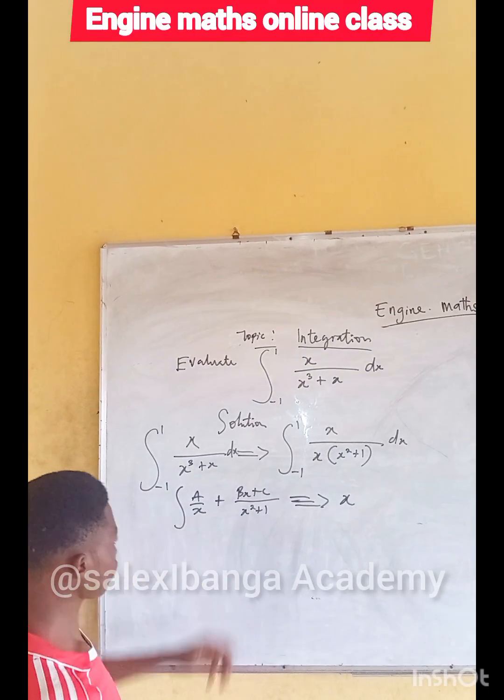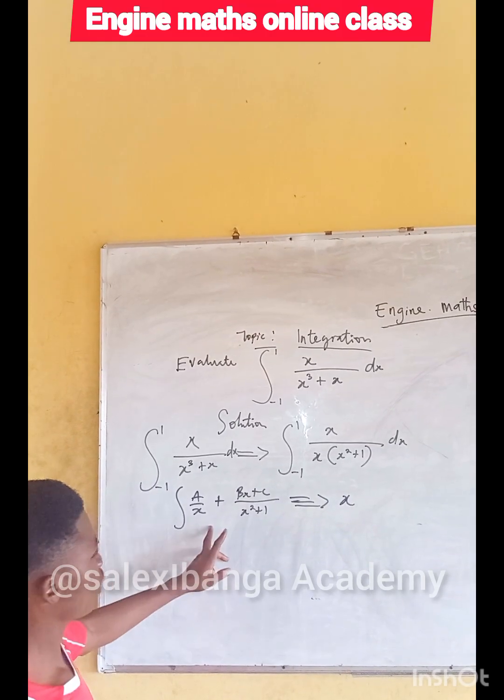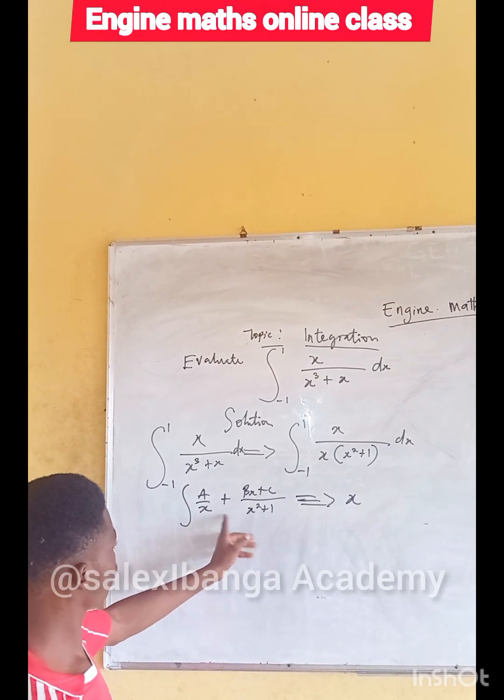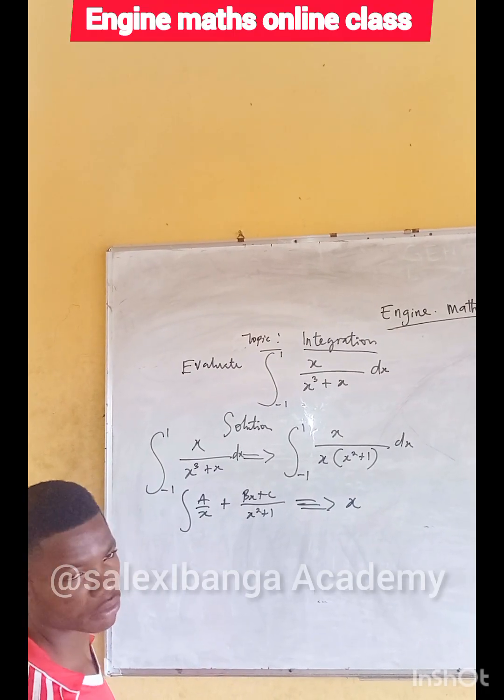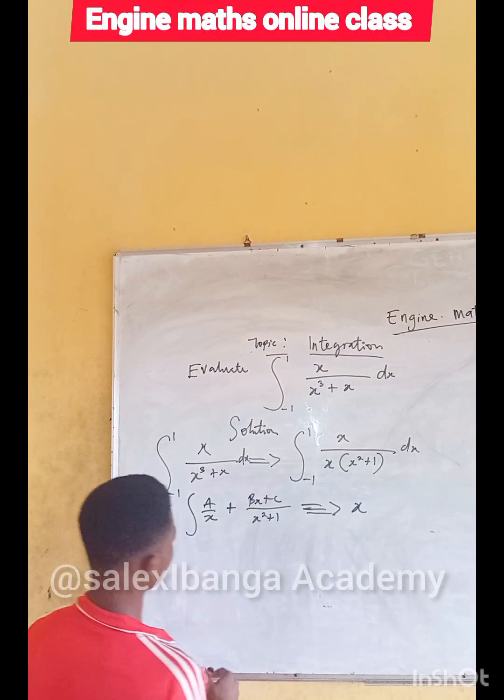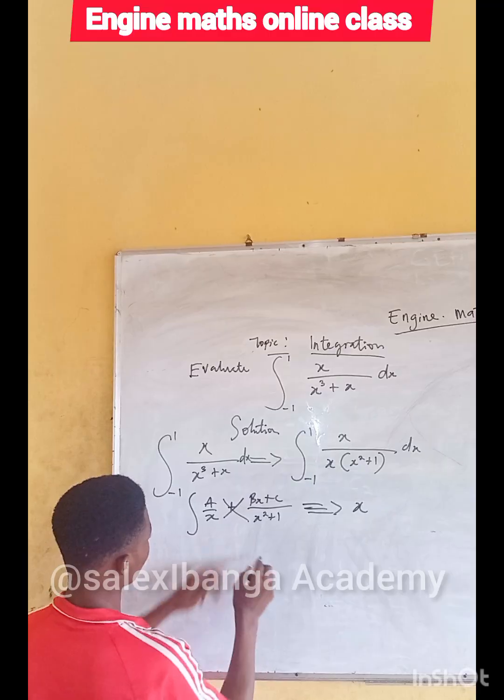From here, what you need to do is find the LCM so that you can get your values of A, B, and C. You can just cross multiply.